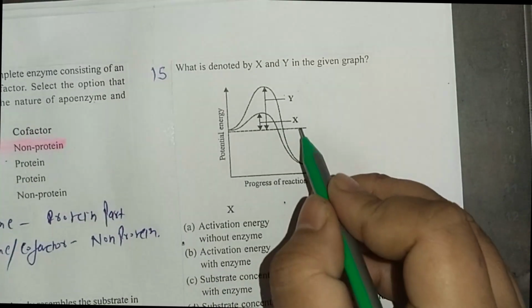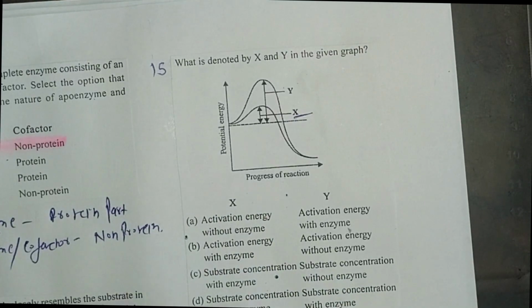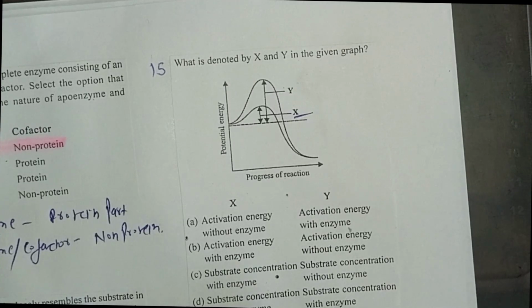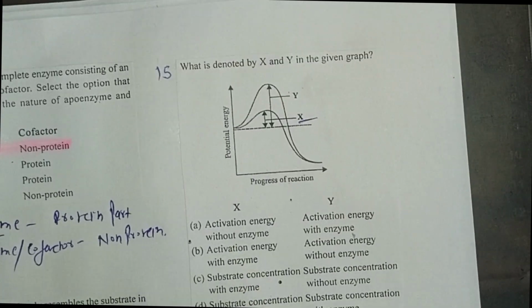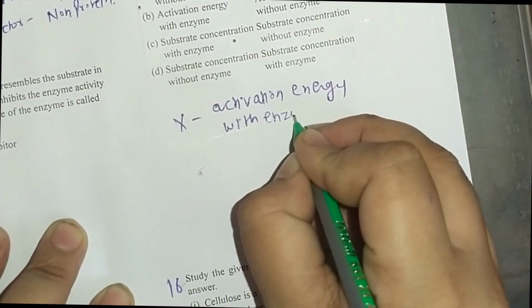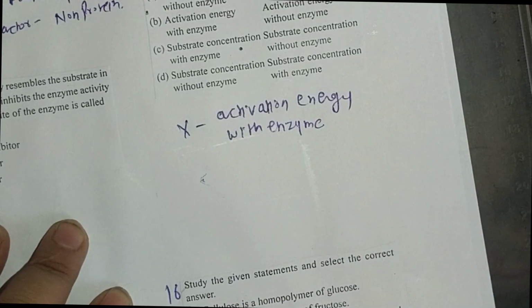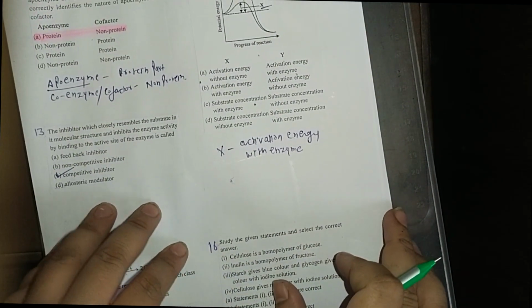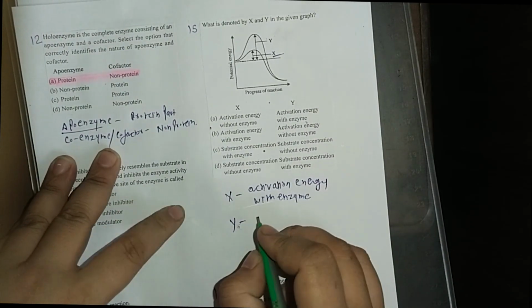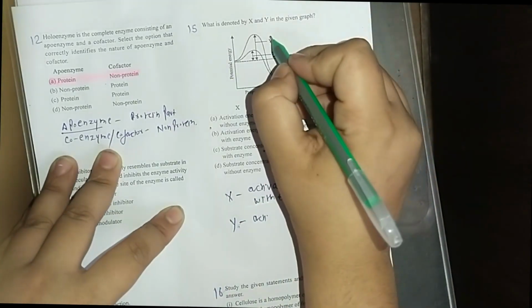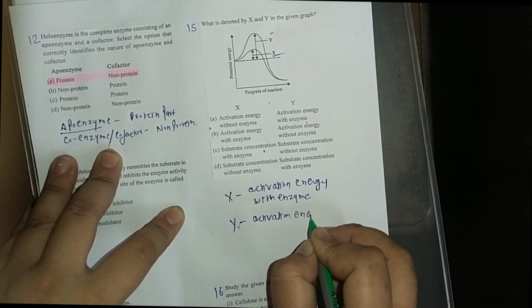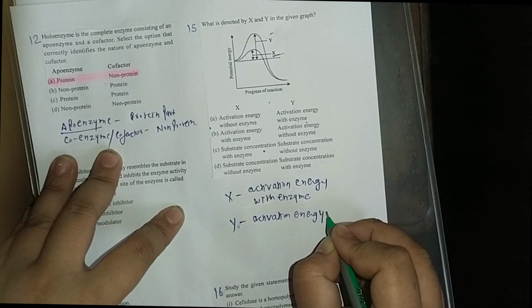So we can consider that X is the activation energy with enzyme, while Y is higher than X, so this is activation energy without enzyme.